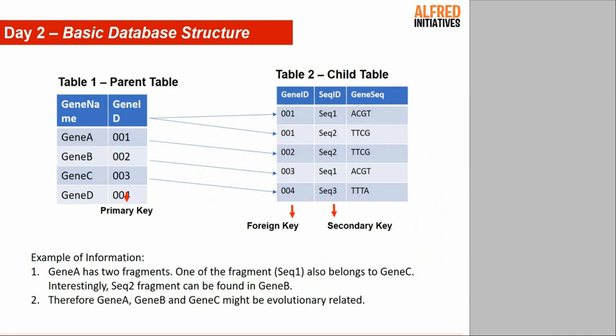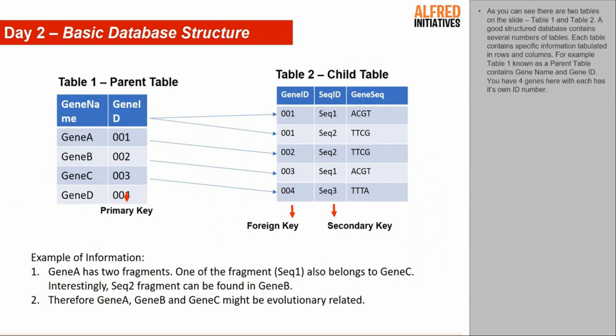Let's take a look at this particular slide. Although you don't really need to know much about database structure, it could be good if you learn some basic data structures. As you can see, there are two tables on the slide, table 1 and table 2. A good structured database contains a number of tables.